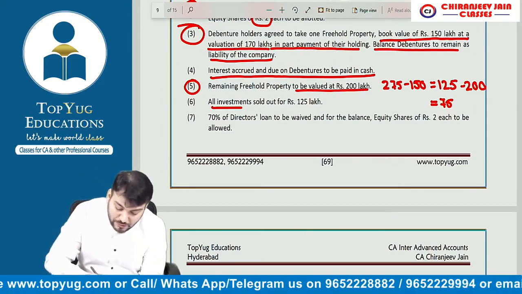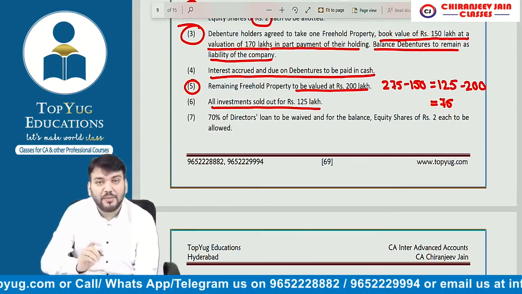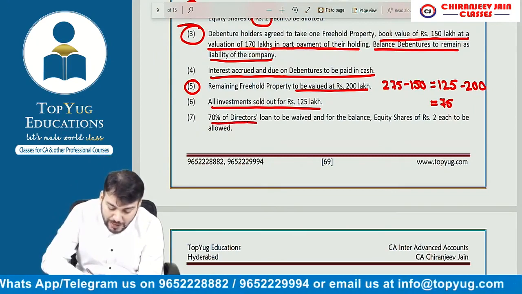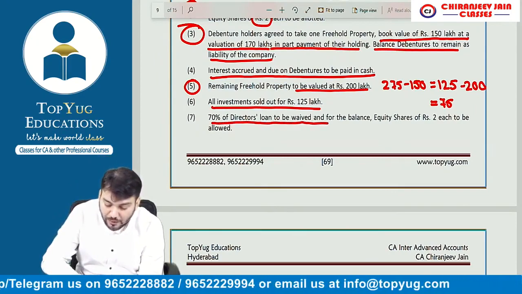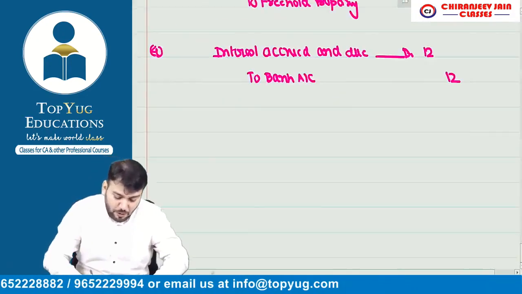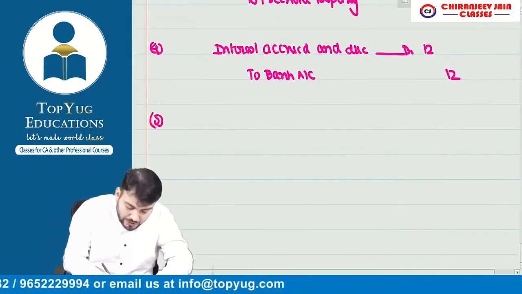Then all the investments sold out for rupees 125 lakh. For this we will do a separate journal entry. Then 70% of director loan waived and for the balance equity shares. So let's do it one by one. First point number 5. What journal entry?